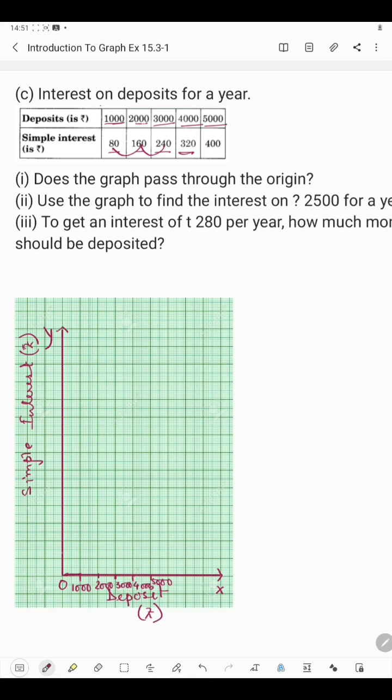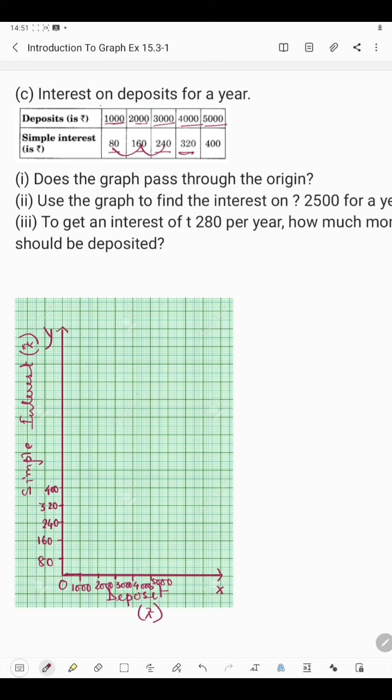So if you take 1 unit as 80, then you will get all the points. Here all the points are 80, 160, 240, 320 and 400. Okay, so here we have taken one box equal to 80.